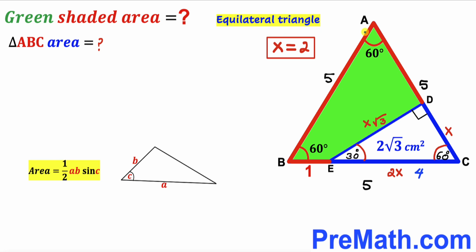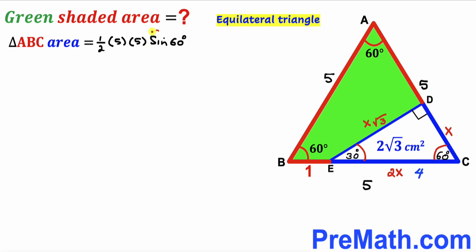Here our two side lengths are 5 and 5, and the angle in between is 60 degrees. So this triangle ABC area is going to be a half times our side length 5, side length 5 once again, sine of our angle 60 degrees.